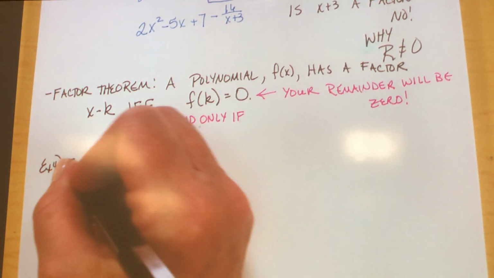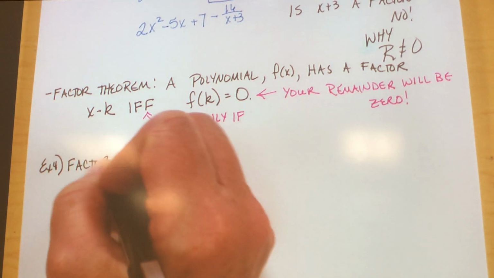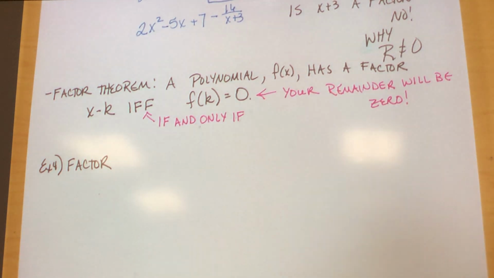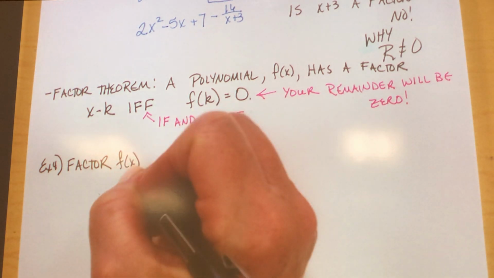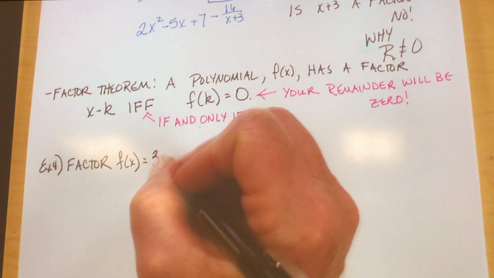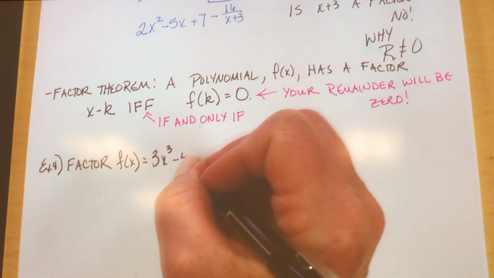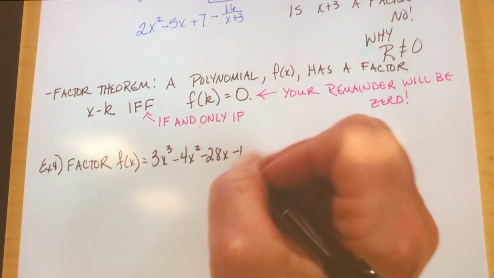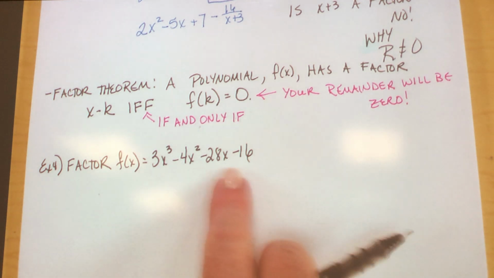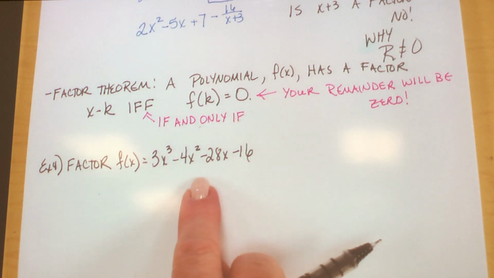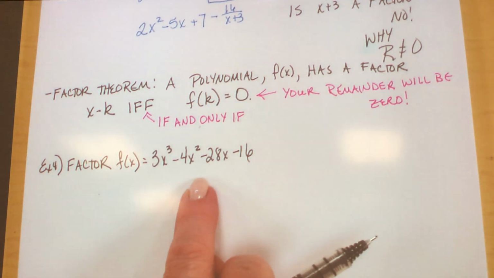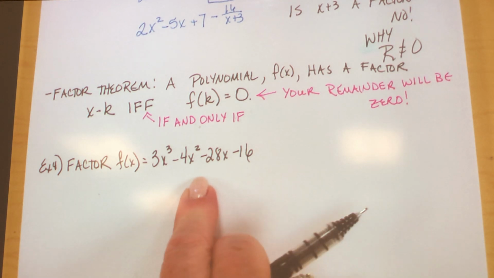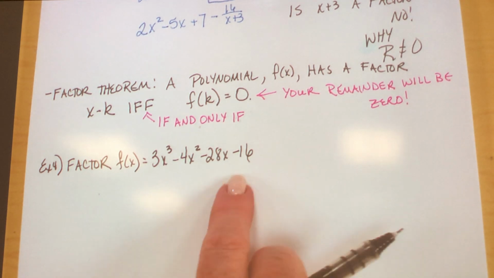All right, so factor, now this is telling me to factor this polynomial, f of x is equal to 3x to the third minus 4x squared minus 28x minus 16. Now, first of all, if you tell me to factor this, what's the first thing that comes to my mind? He's got 4 terms, so I gotta group this.